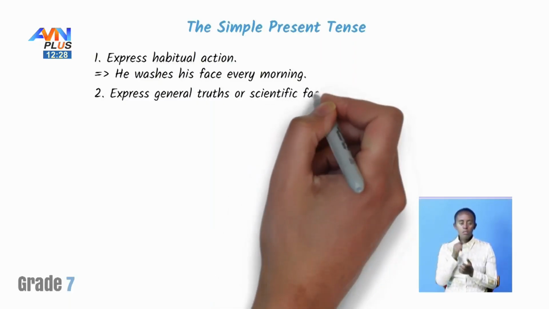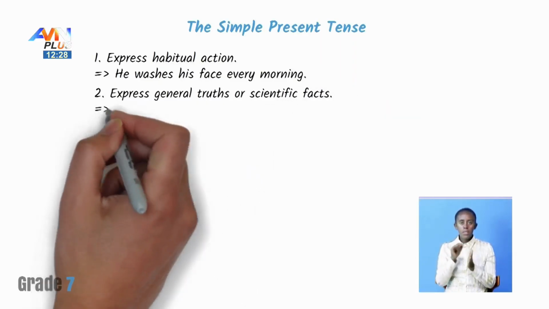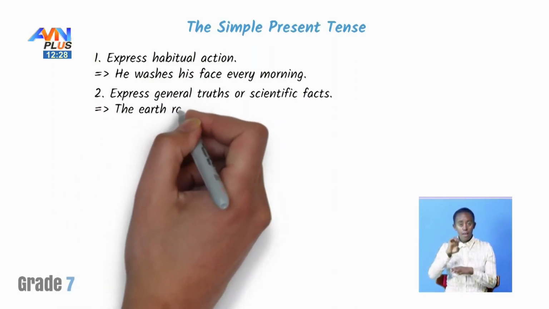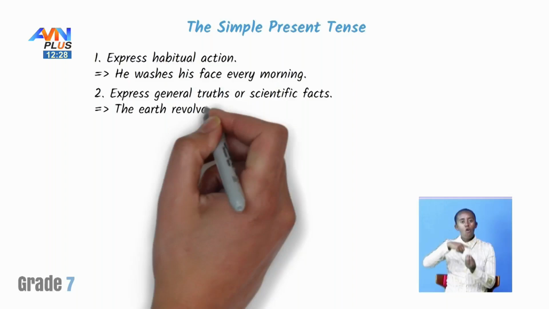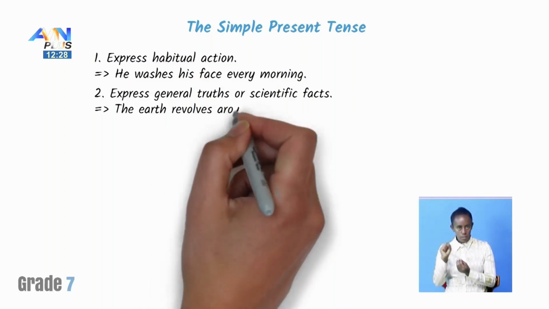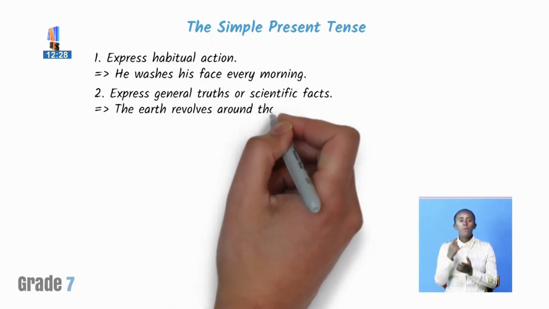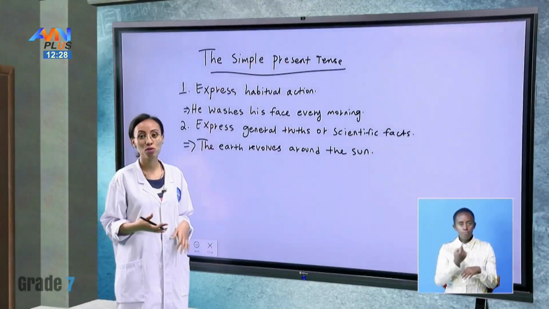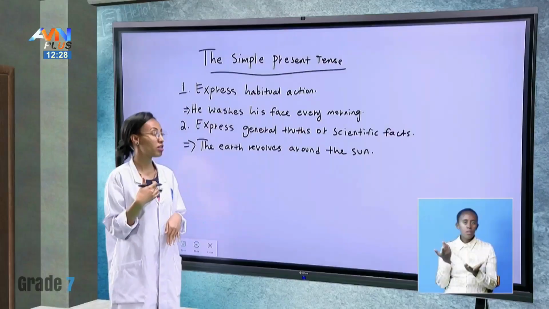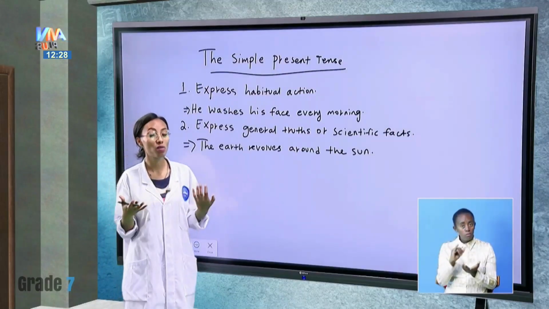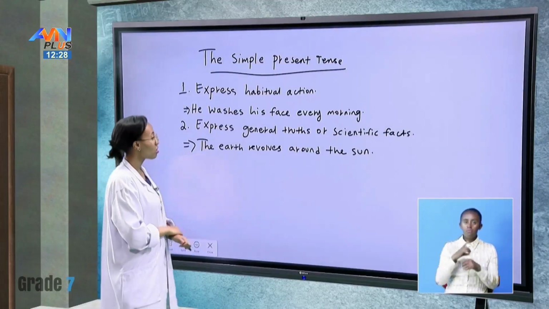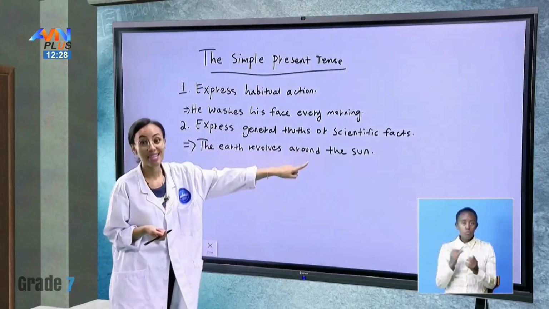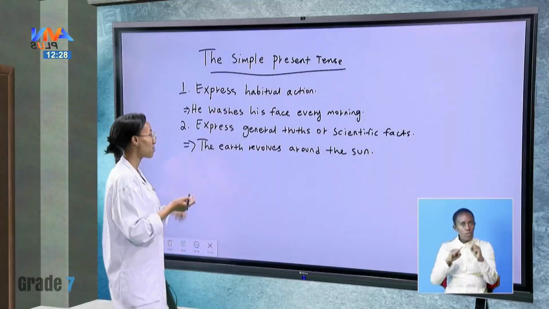If you remember, we gave an example that said the earth revolves around the sun. We even said that in the earlier days, people used to believe the idea that the sun was the one revolving around the earth. So this is also what? A general truth and a scientific fact. It is a proven scientific fact.